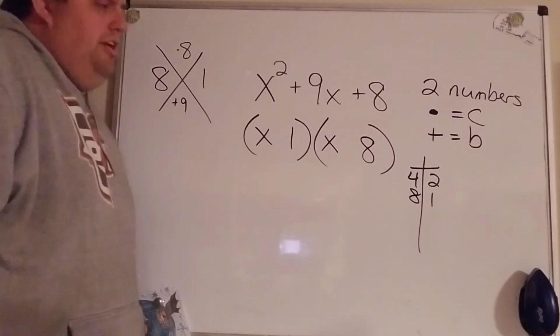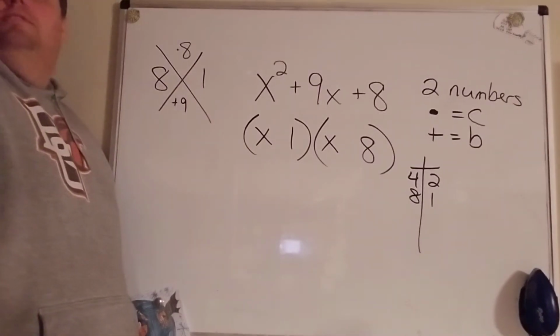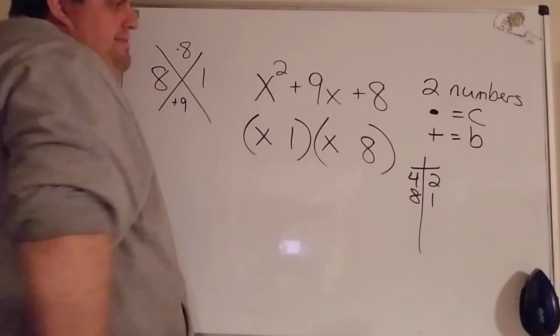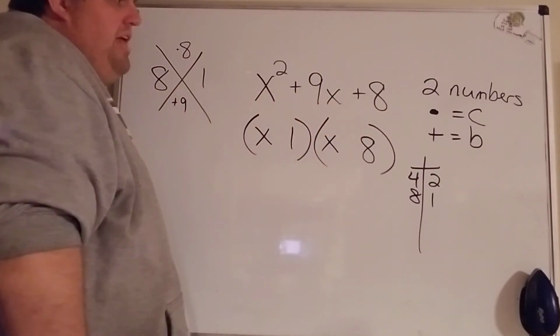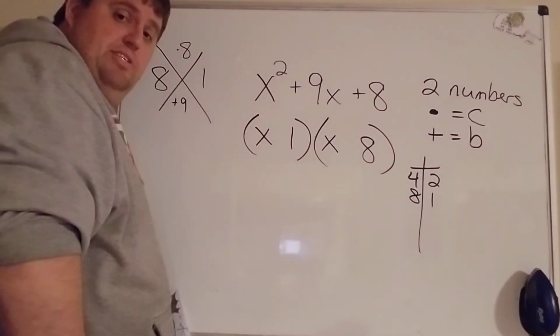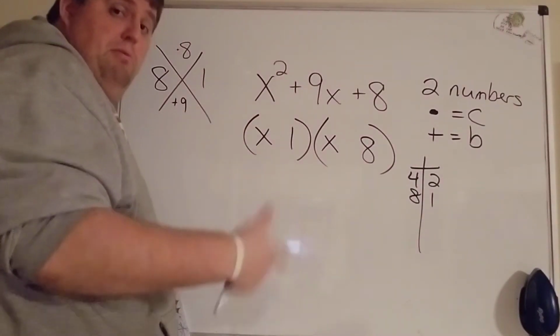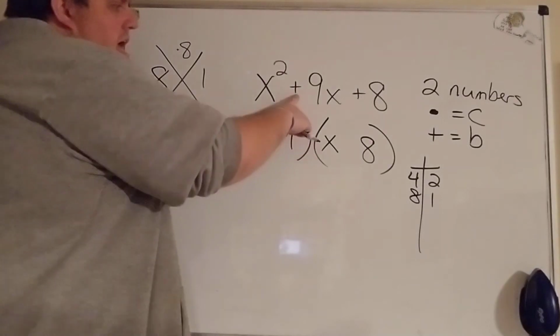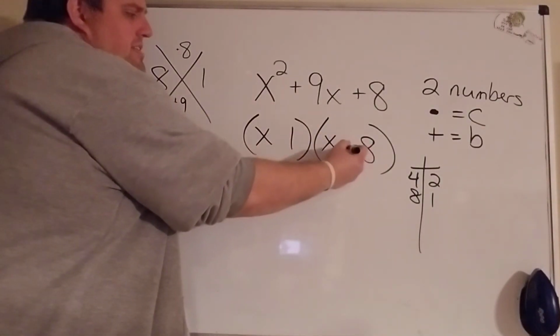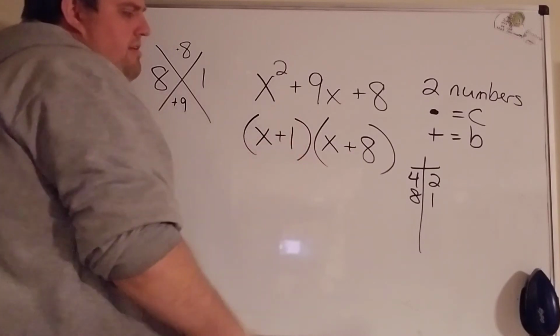The last thing you need to do is look at the signs. They multiply to give you positive 8, so my signs have to be the same. If you're multiplying to get a positive, they're either both plus or both minus. And over here, they add to give you positive 9, so that's going to have to be positive, positive.